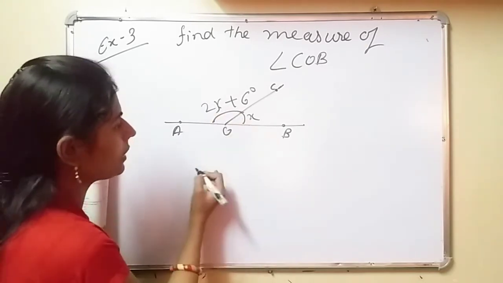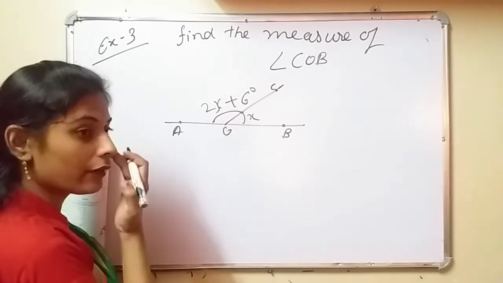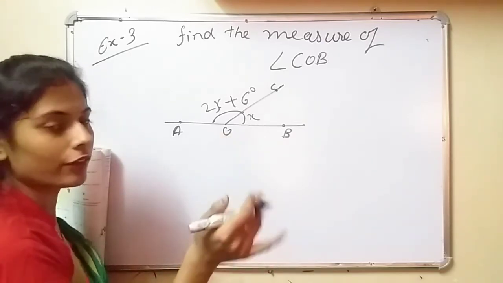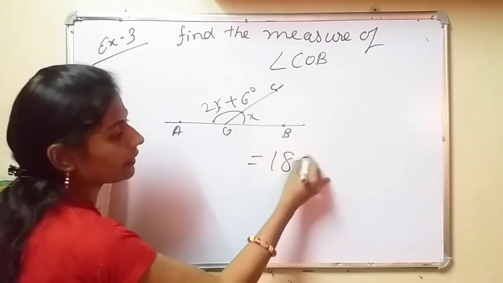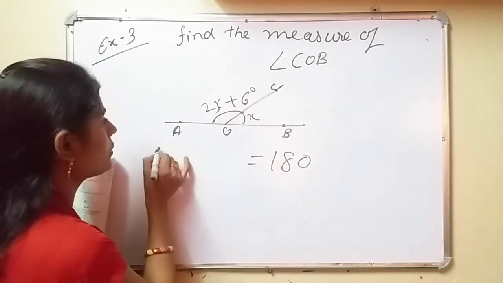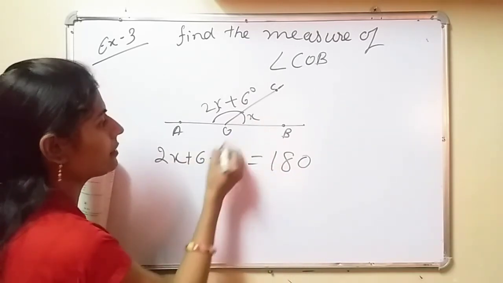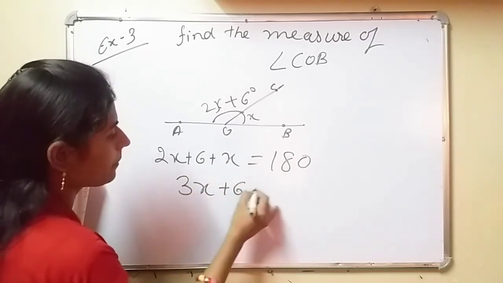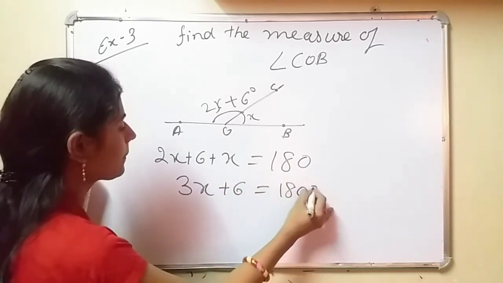So sum of these two angles is equal to 180 degree. I already have explained this, that the angle made on the straight line is equal to 180 degree, and the sum of two angles, that is 2x plus 6 plus angle second is x, 2x plus x, that is 3x plus 6 is equal to 180 degree.